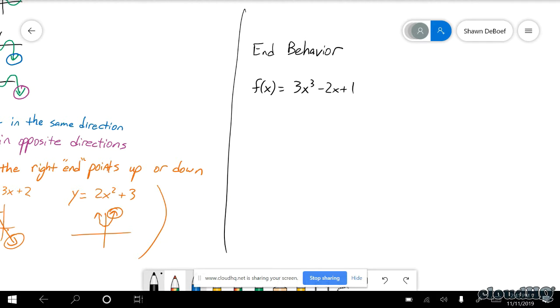End behavior, it's formatted kind of weird. At first, when you first see it, it probably won't make a lot of sense to you, but if you stop to break it down, hopefully it does make sense. But every one of these end behavior problems is going to start off like this.